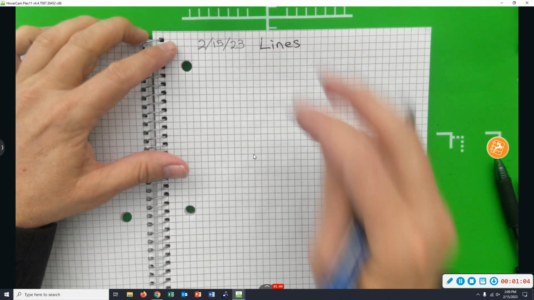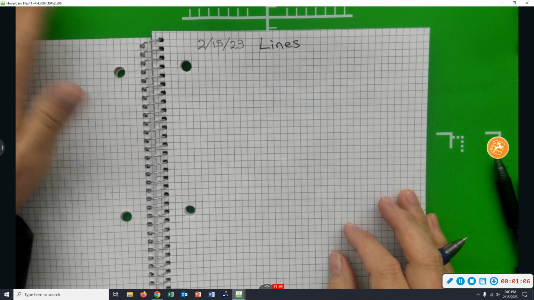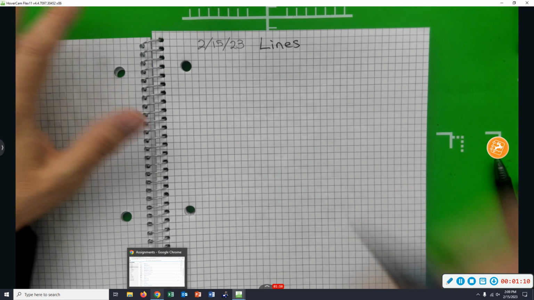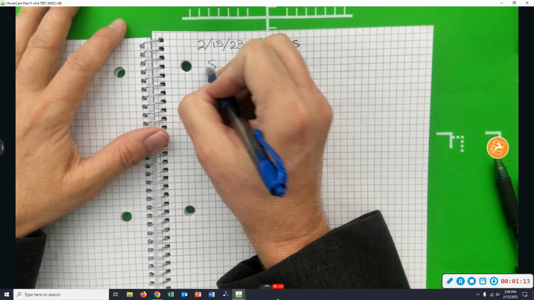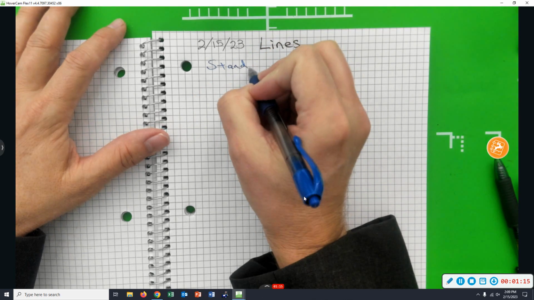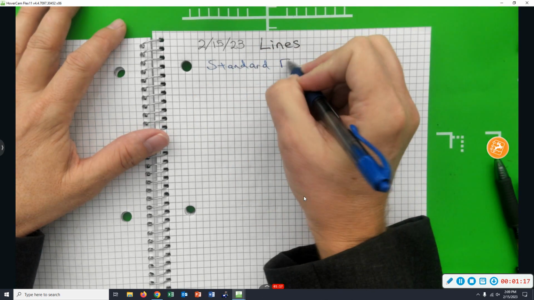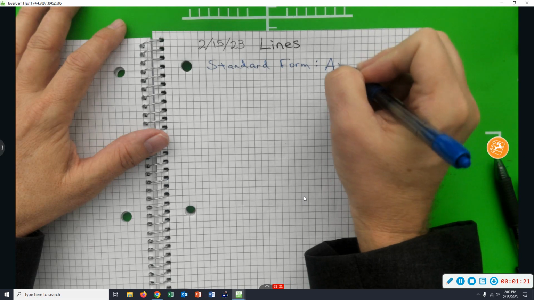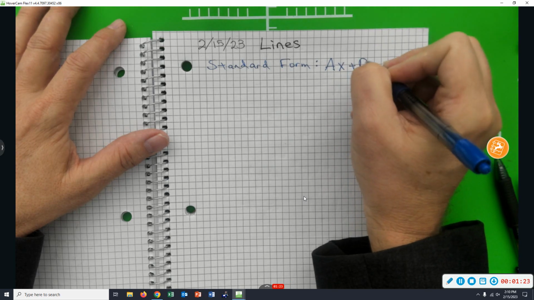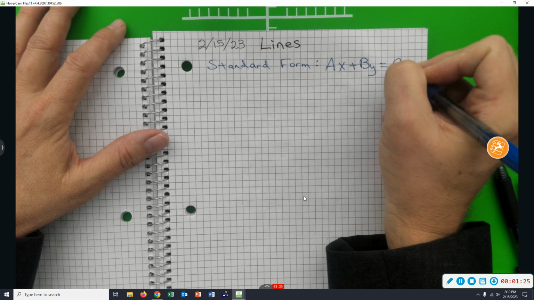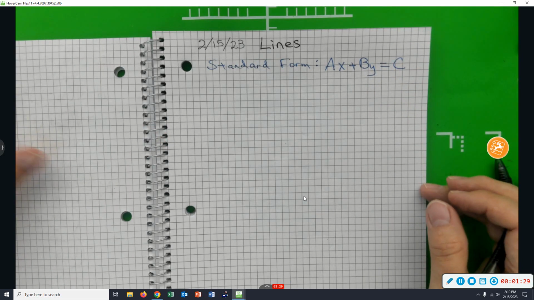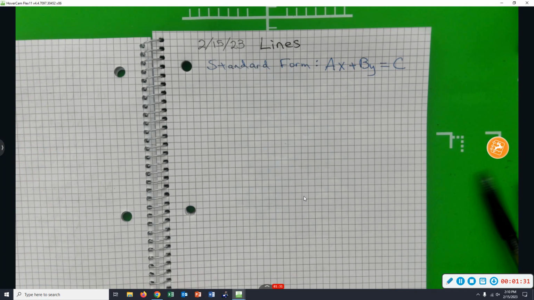Okay, so first of all, there are several different forms of equations for lines. The first one I want to look at is standard form. Standard form is Ax plus By equals C, where A, B, and C are integers.